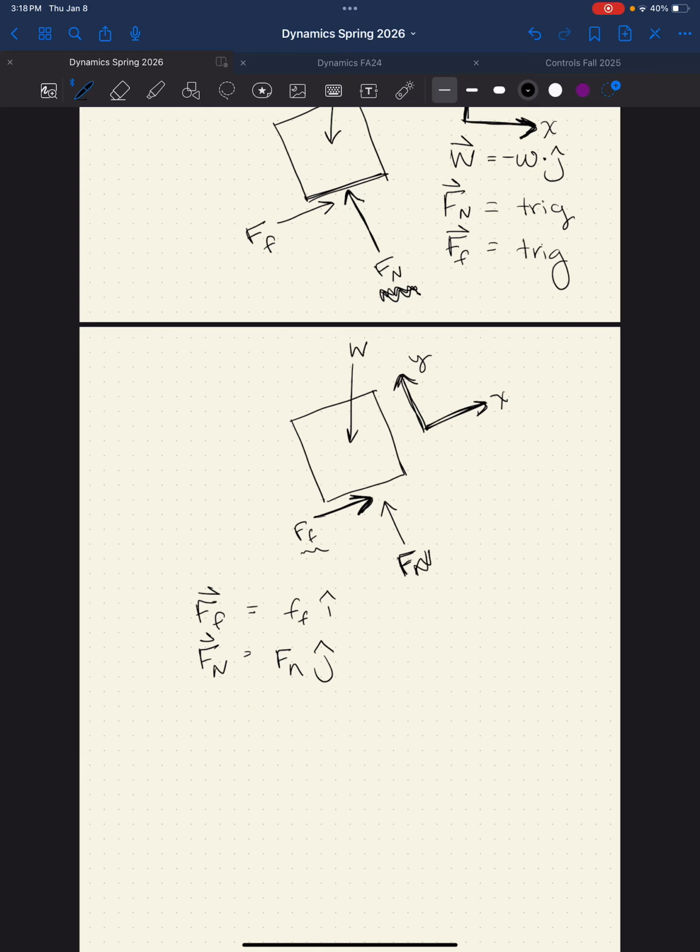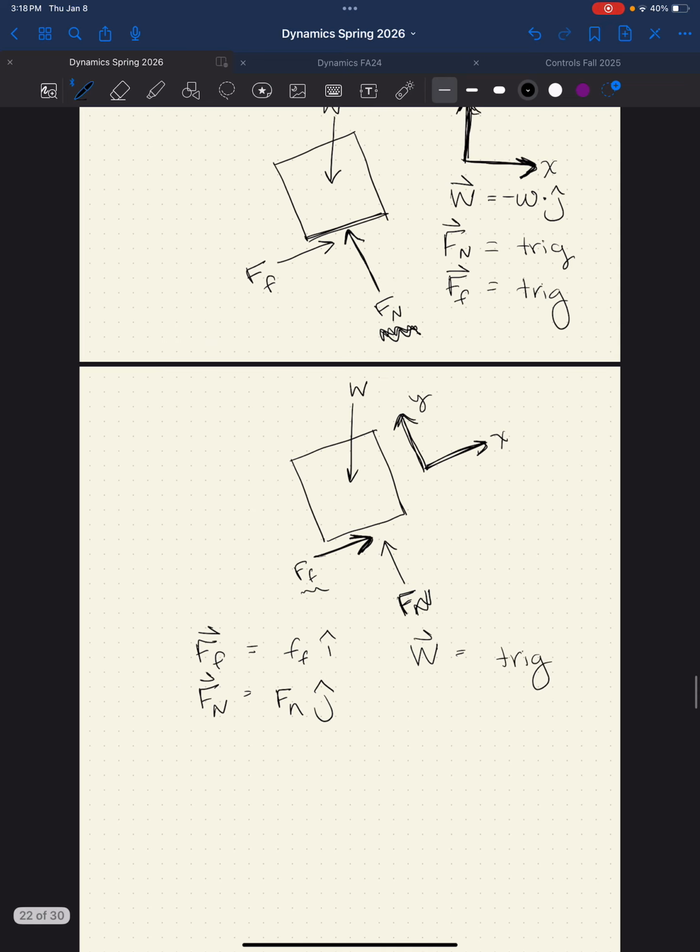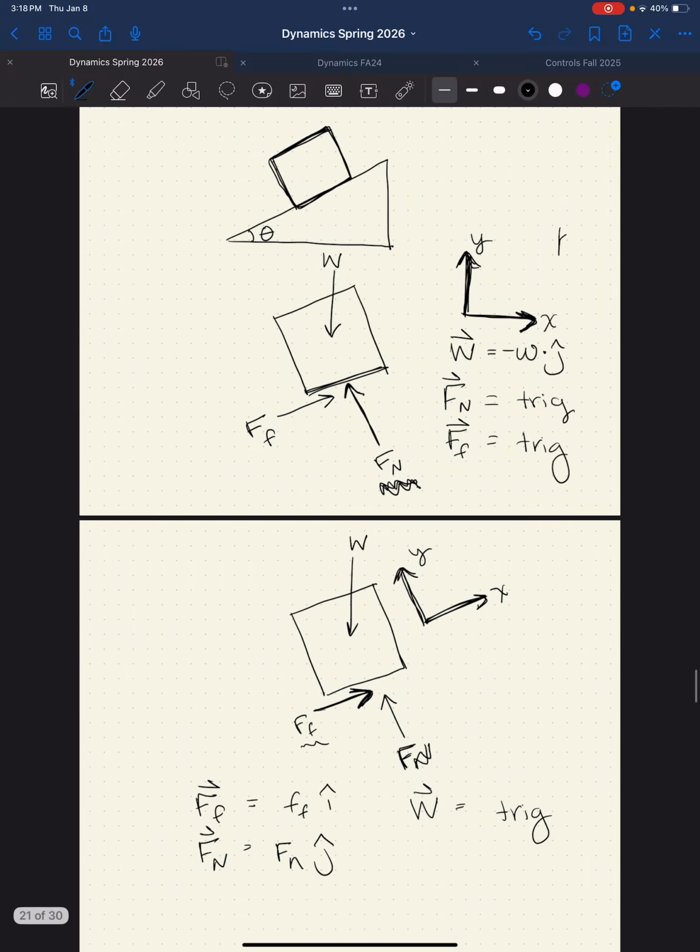But now W, or the weight due to gravity, needs to be split up among x and y. So W is going to have some i hat component and some j hat component, and we're going to have to use trig to figure it out. So if I make this choice up above, I have to do trig for two separate vectors.